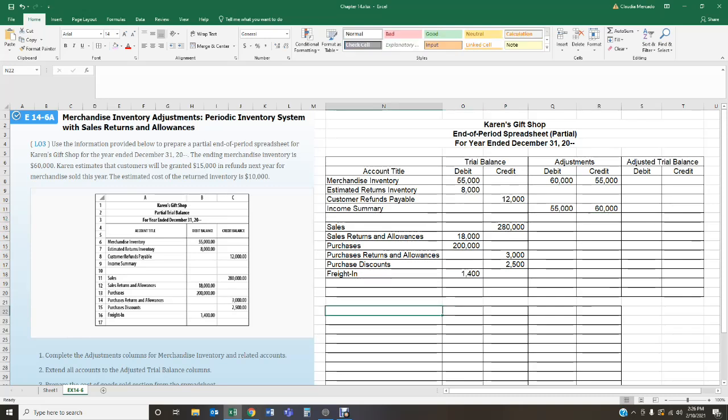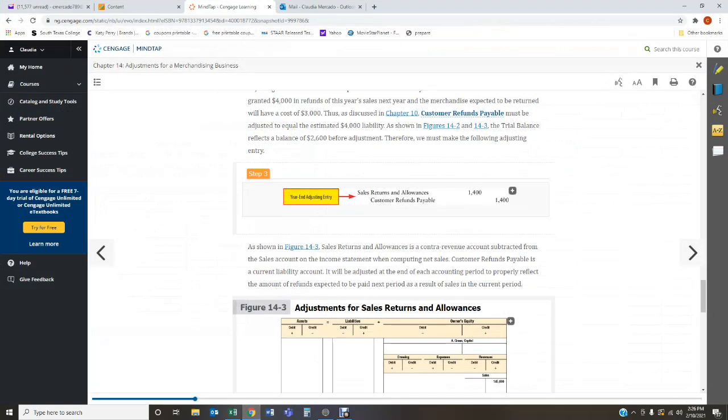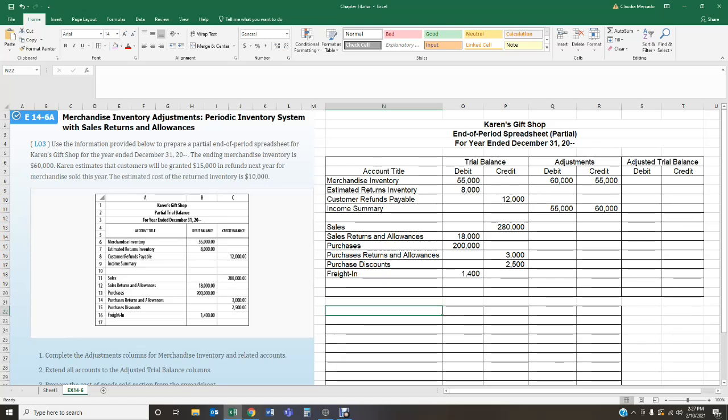During this particular time, let's go back and see sales returns and allowances and customer refunds payable. Here we have customer refunds payable.